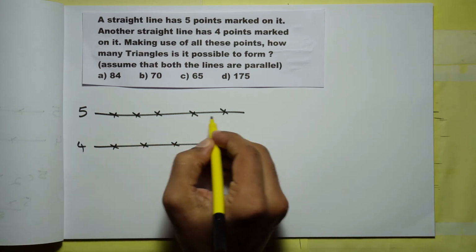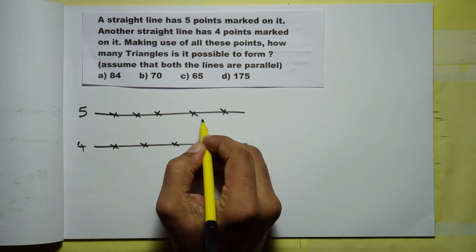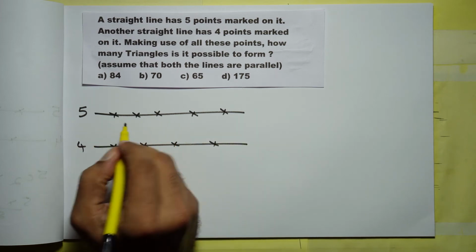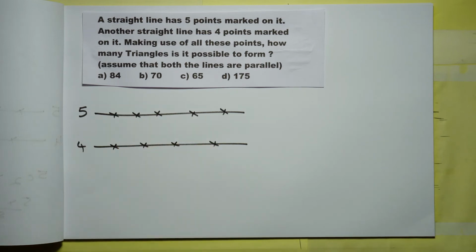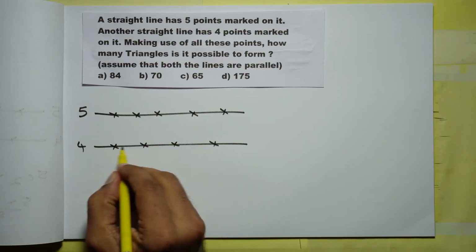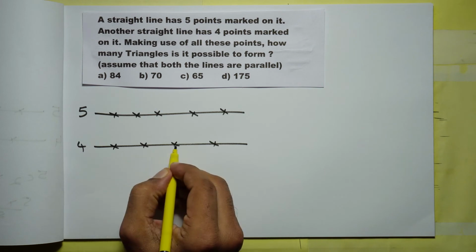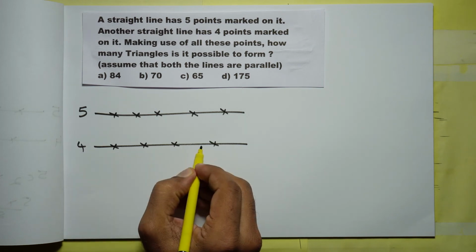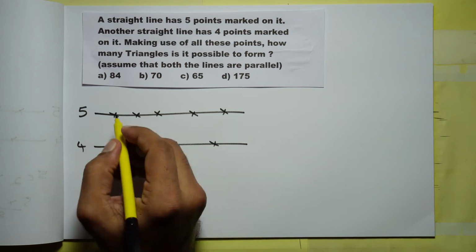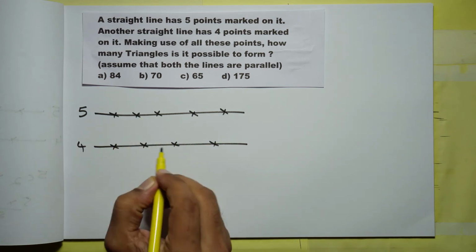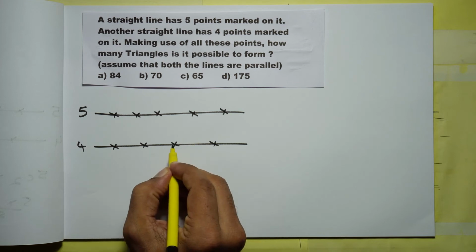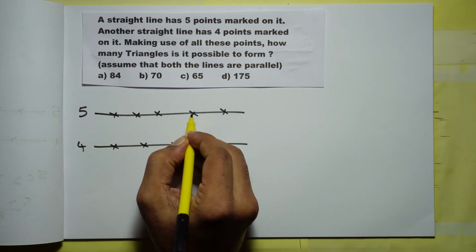Now the requirement for a triangle is 3 non-collinear points. So if you select any 3 from this 5, you will not get a triangle. Similarly, if you choose any 3 from this 4, you will not get a triangle. It will only be a straight line. Now to get a triangle, you can choose any 2 from this 5 and 1 from 4, or you can choose any 2 from this 4 and 1 from 5.